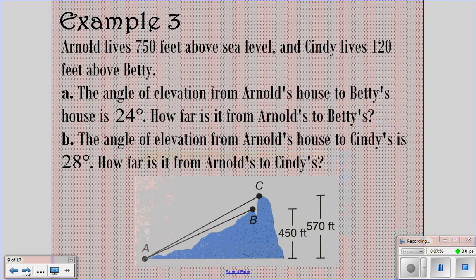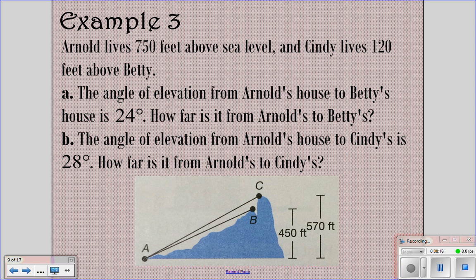Looking at the next example, we've got Arnold, Cindy, and Betty. Those are represented by A, B, and C. And we want to know how far is it from Arnold's to Betty's.